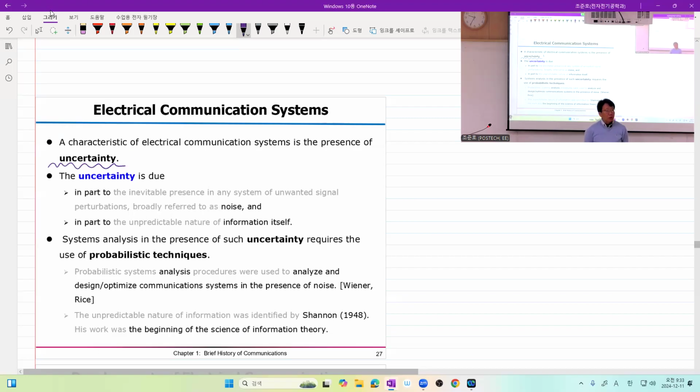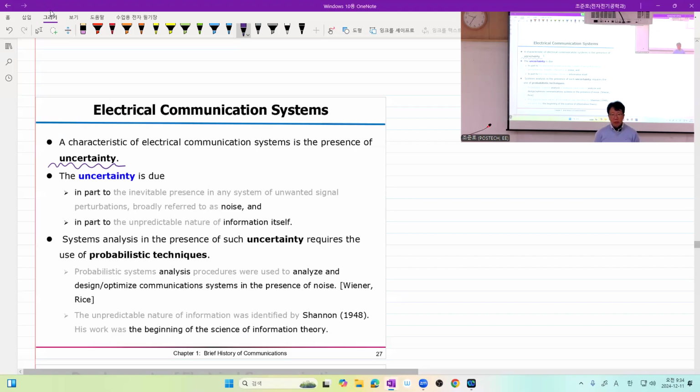Why? Because there were not many undergraduate majors who taught probability and statistics thoroughly and seriously. Even when I was an undergraduate student 30 years ago, there was a mandatory course, probability and random processes. So at that time, almost all electrical engineers were taught how to handle uncertainty using probability theory.